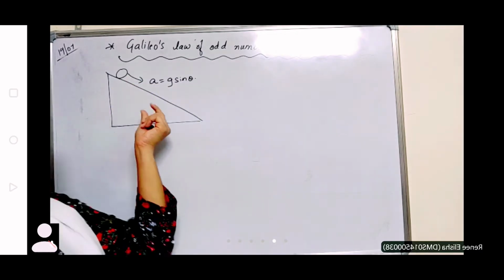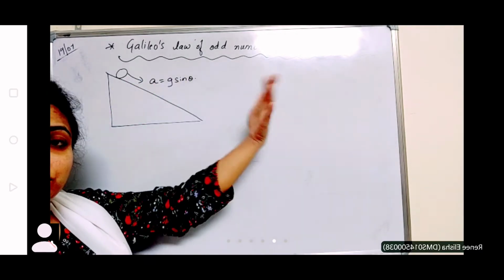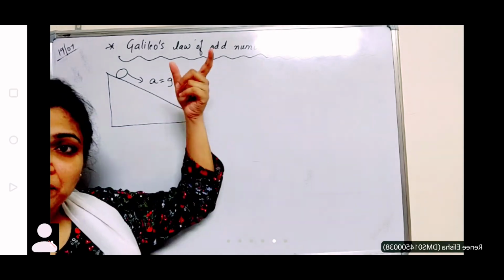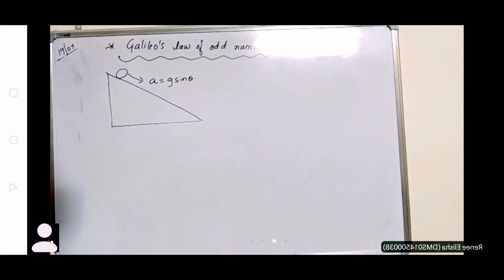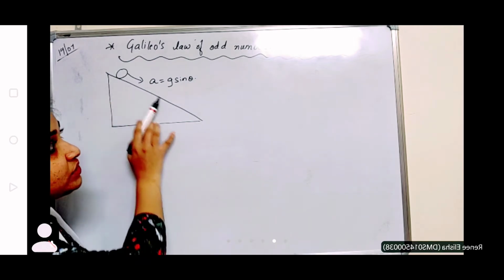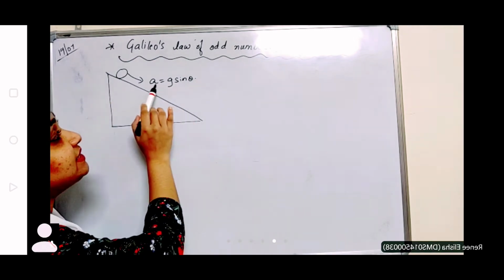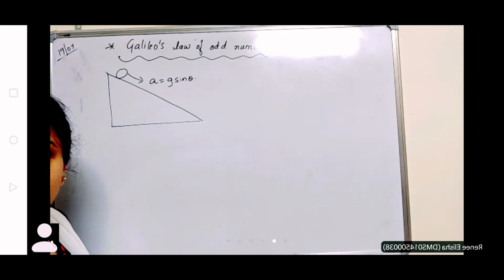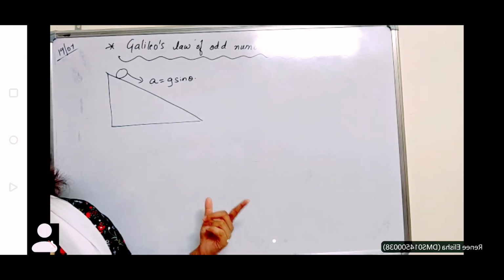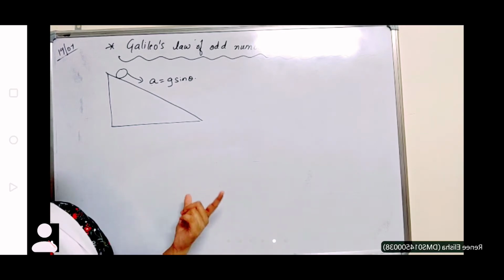Why the acceleration is g sine theta, we will see in the next chapter, as we have a big derivation for that. So the value of acceleration is a is equal to g sine theta.